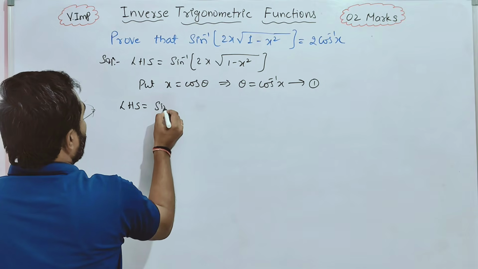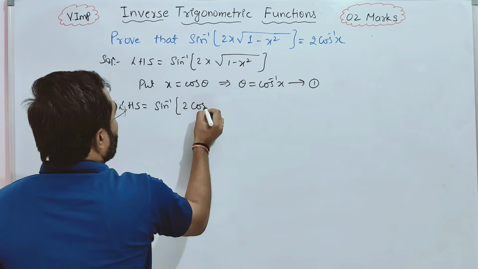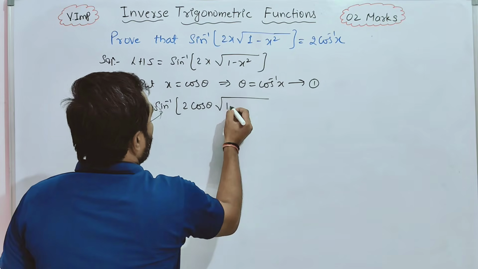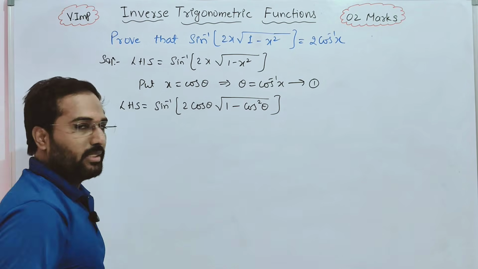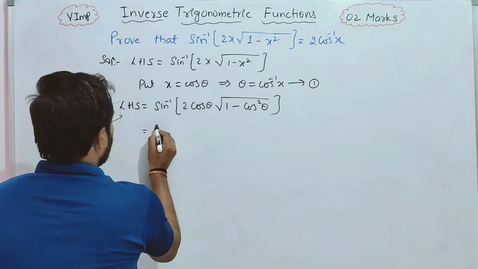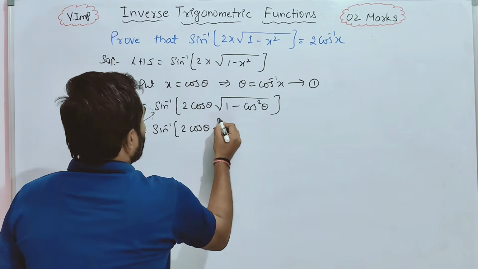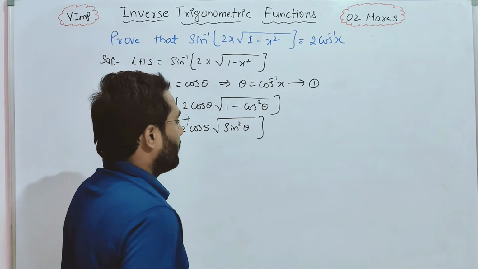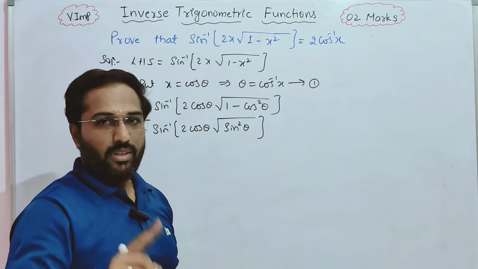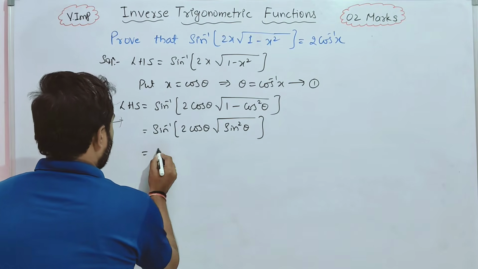LHS is equals to sine inverse, as it is, 2x is 2 cos theta. Square root of 1 minus x square is square root of 1 minus cos square theta. Isn't it? Okay. So now sine inverse of 2 cos theta square root of 1 minus cos square theta is nothing but what? Yes, sine square theta, from the first identity we discussed in the exactly previous example, right?